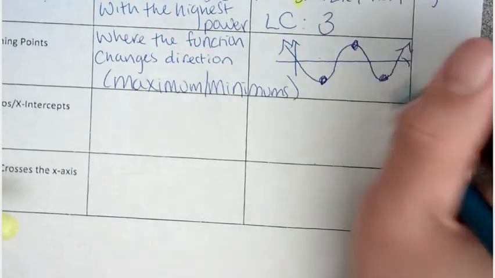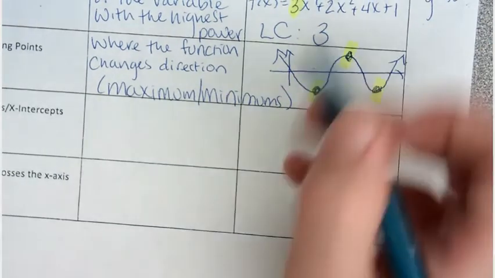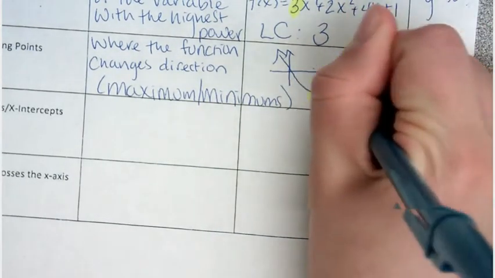So an example would be if I had the function maybe that went like this. My turning points are going to be here, here, and here. I'll highlight those. And we can call them TP or turning points.